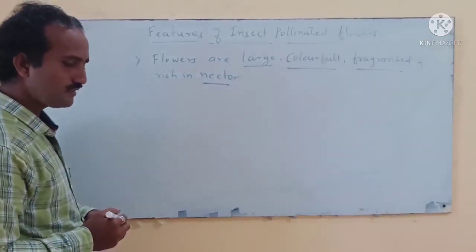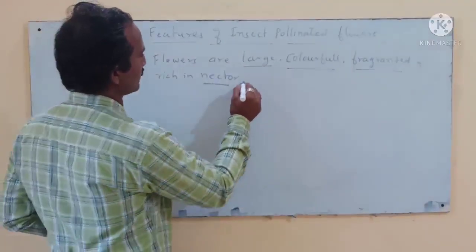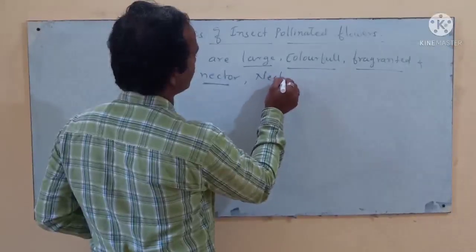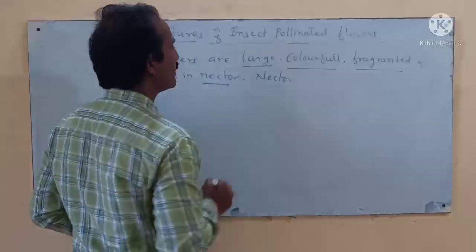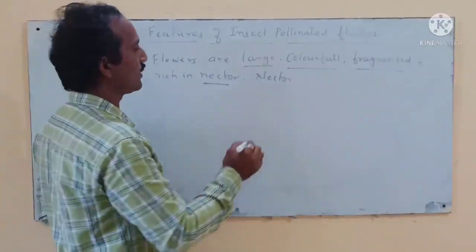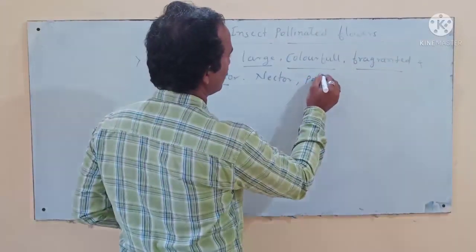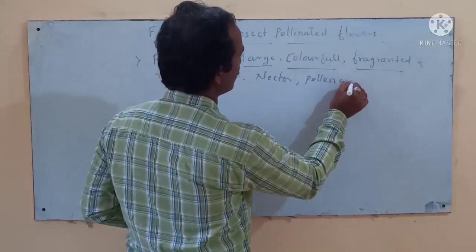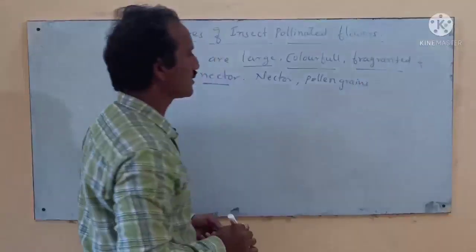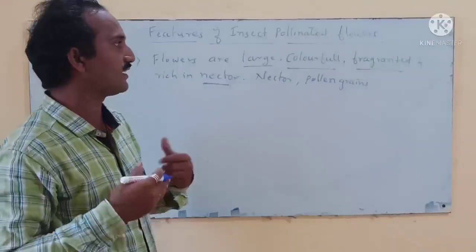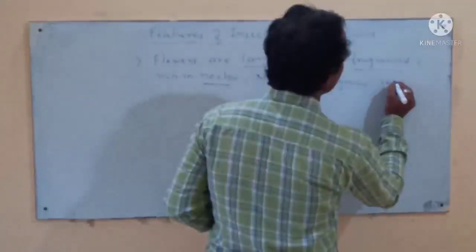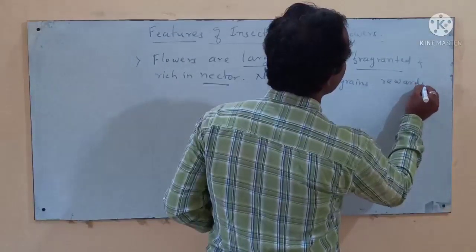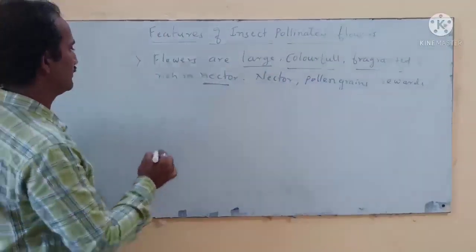Then the nectar as well as the pollen grains are the rewards for pollination. So these are the rewards to the insects for pollination.